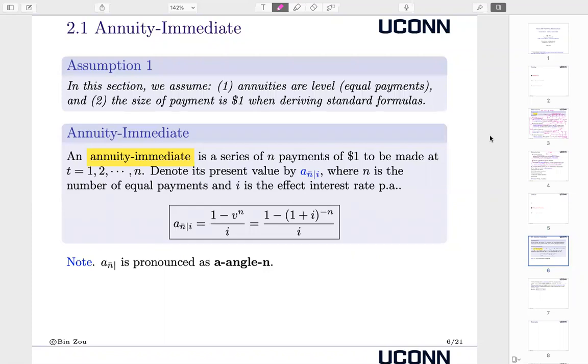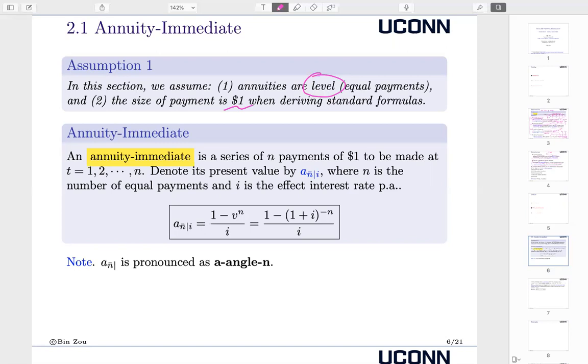And of course, our standing assumption is that the payments are leveled, or the payments have equal size, and we can even assume the size is 1. Of course, if the size is something different from 1, you simply multiply by that number, right? So if I'm going to receive an annuity with equal payments of $100, well, I will use 100 times whatever we calculate in what follows, okay?